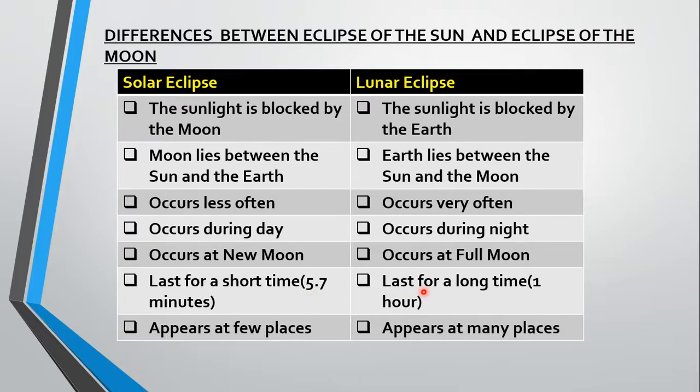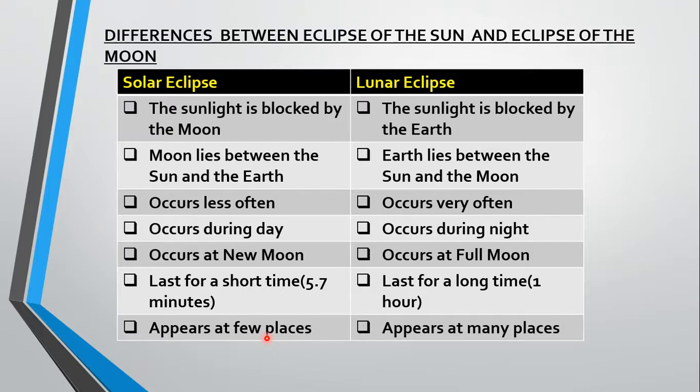Then lunar eclipse lasts for a long time, sometimes 1 hour, per the record so far. Then finally, we're looking at places on the earth that experience eclipse. We are saying that only few places experience solar eclipse.